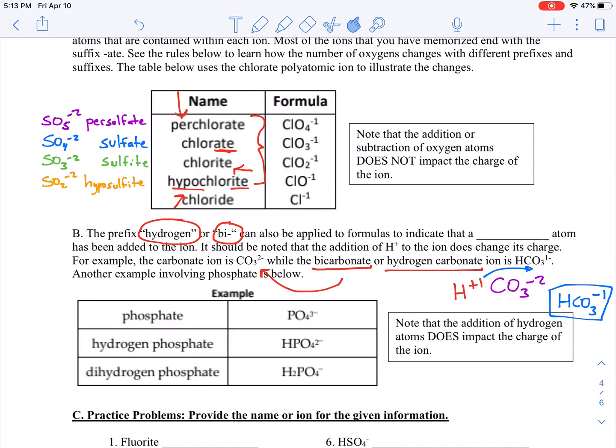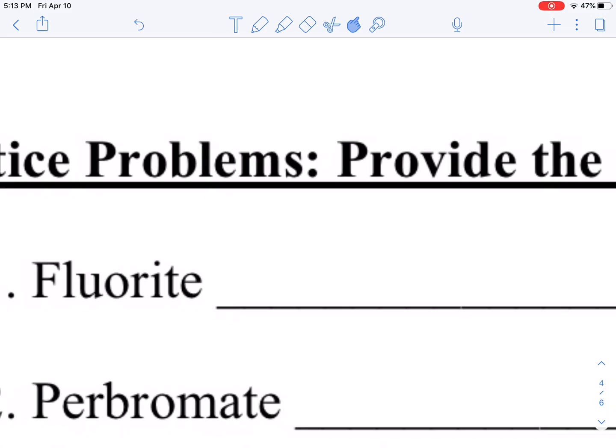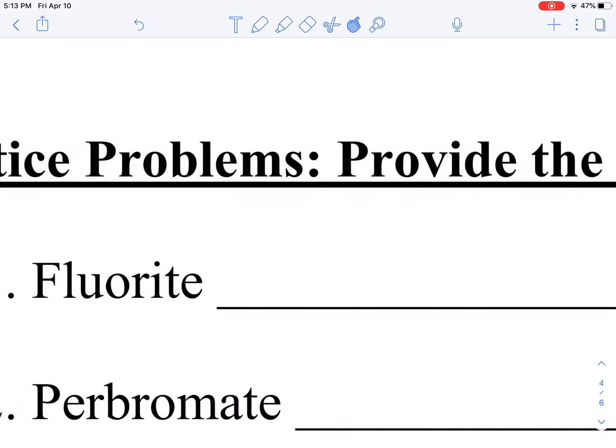Okay, so let's apply these rules to the naming rules we've already learned and see what we can do. Let's first just attack these polyatomic ions. So fluorite. What's the first thing we should do? Well, we should talk about fluorate. Fluorate is one that we actually didn't give to you on your list, my apologies, but fluorate is FO3 with a -1 charge.